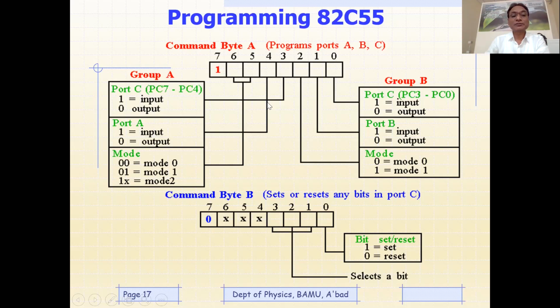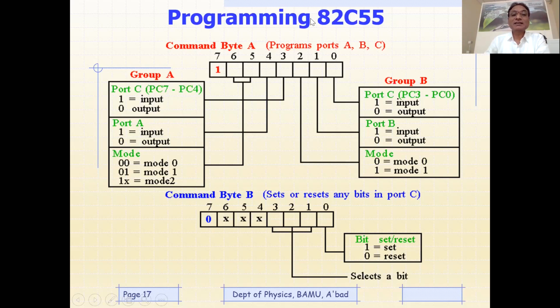And similarly, the fourth bit would be responsible for port C upper part, PC4 to PC7. 1 will be responsible for input, and if you put 0, it means you are configuring the upper part of port C as the output port. And as far as port A is concerned, the third bit will be responsible for configuration of port A. 1 means input and 0 means output.